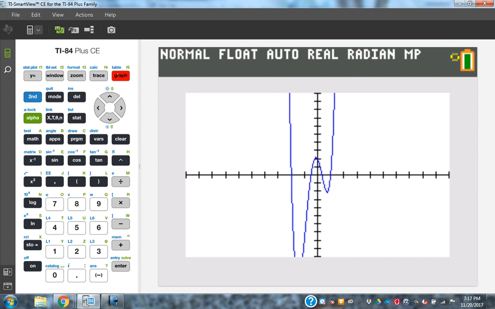All right, we see this thing crossing the x-axis in 1, 2, 3, 4 places. That shouldn't be a surprise. It had a 4th power as the highest exponent.